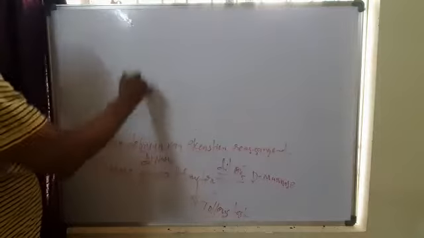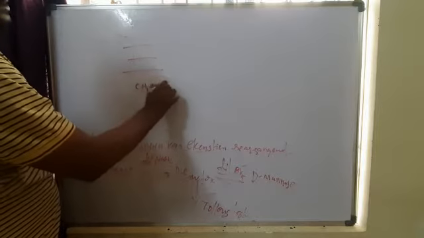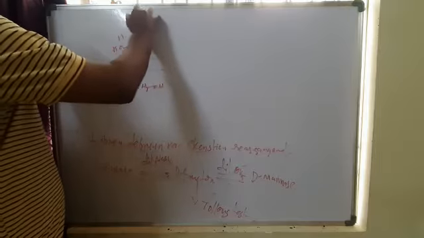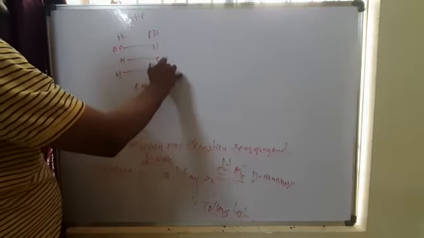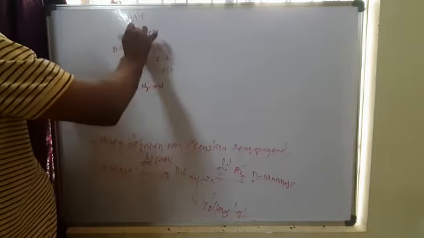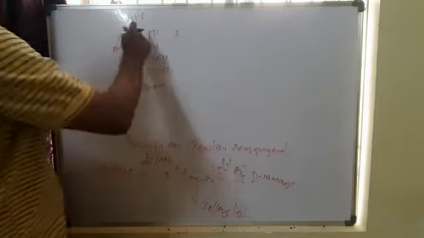Based on all these observations, glucose has a straight chain structure, given by the scientist Baeyer. Here is CHO at the top, with numbering 1, 2, 3, 4, 5, 6, the aldehyde getting first priority.